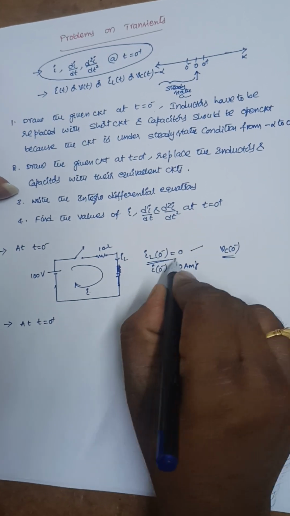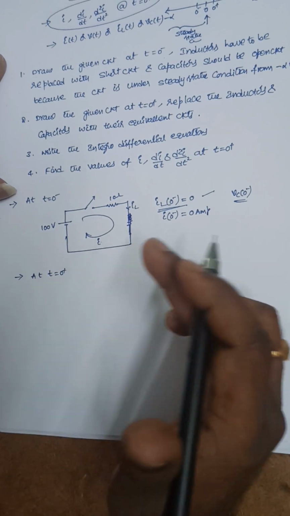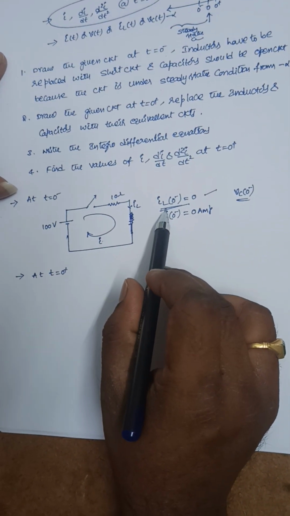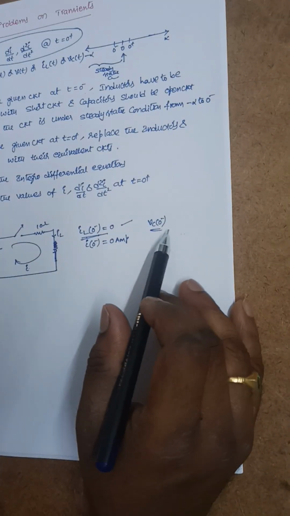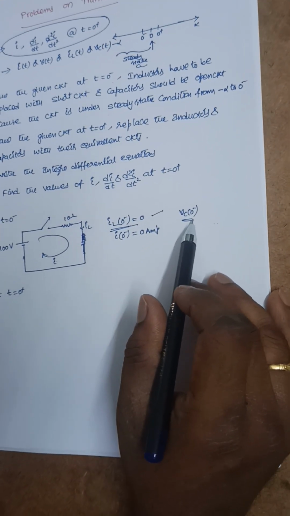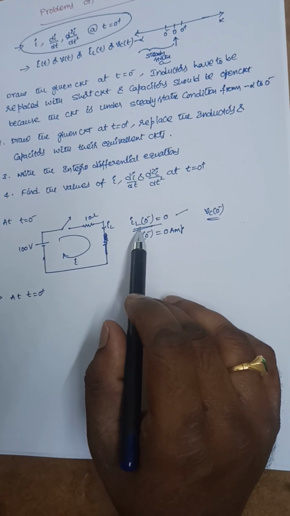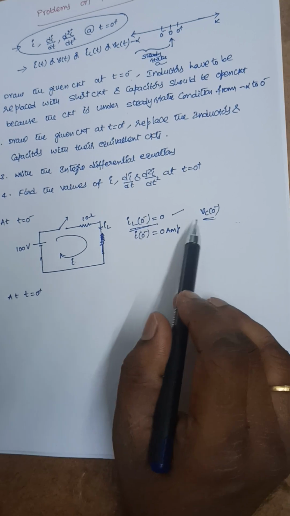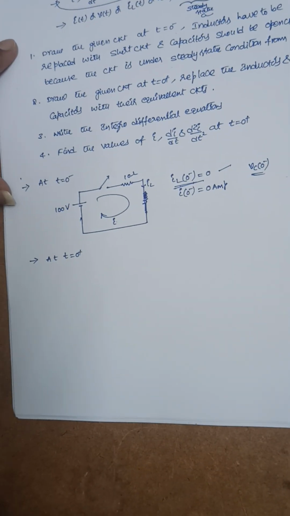The purpose of drawing the circuit at t is equal to 0 minus is to find the current through the inductors. If both inductors and capacitors are there, we have to find the currents through the inductors and the voltages across the capacitors.